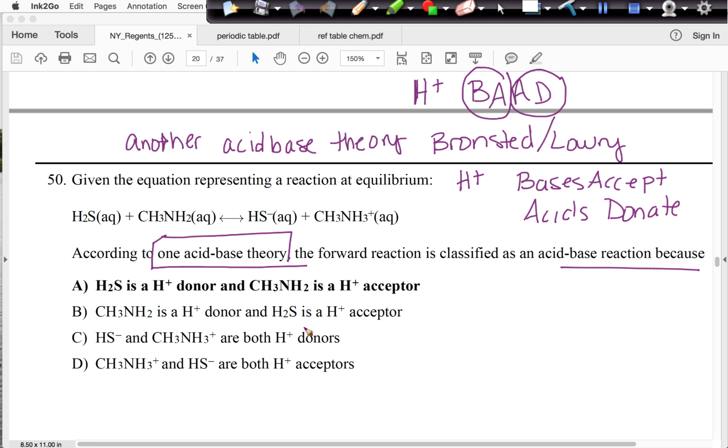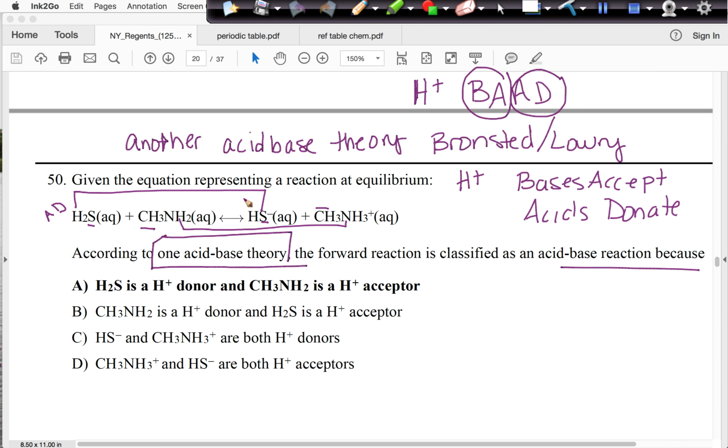Now you're going to have one donor and one acceptor on the left, and one donor and one acceptor on the right. The way that we identify is by connecting something from the left to what it looks like on the right. So these each have S's, and these both have CH3. The one that has more H's can act as the acid donor.